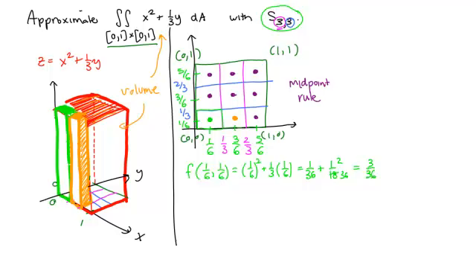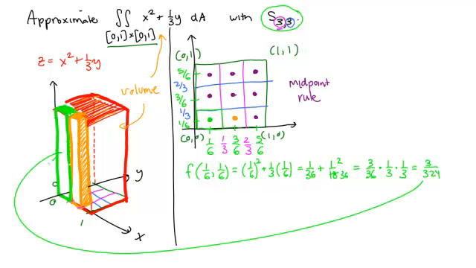That's the height of the first rectangle. Its base is going to be 1/3 of a unit long by 1/3 of a unit wide. And so that's going to give me a grand total of 3/36 times 1/9, which is 3/324. That would be the volume of this very first rectangle right here.